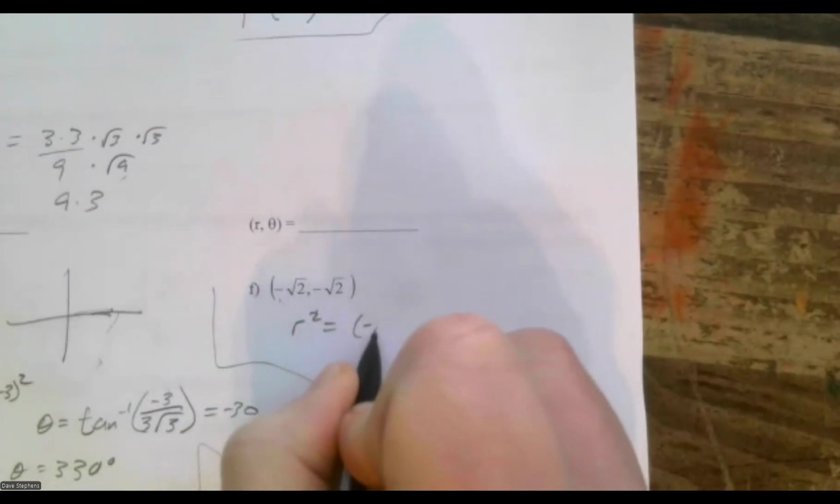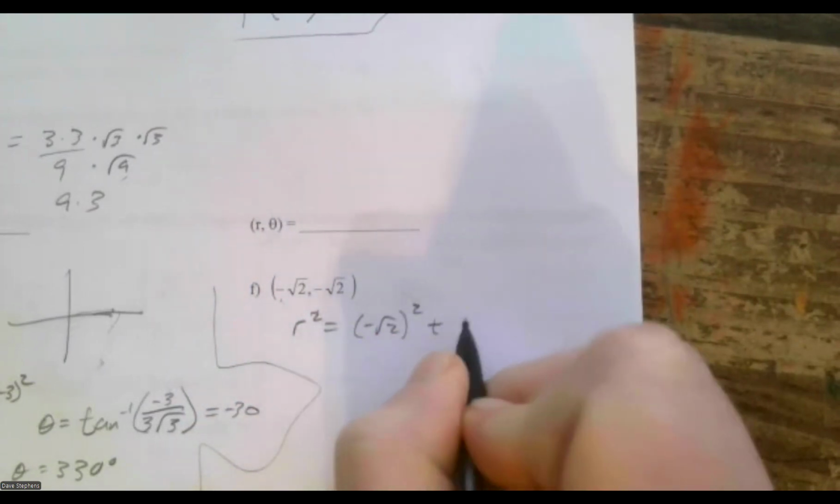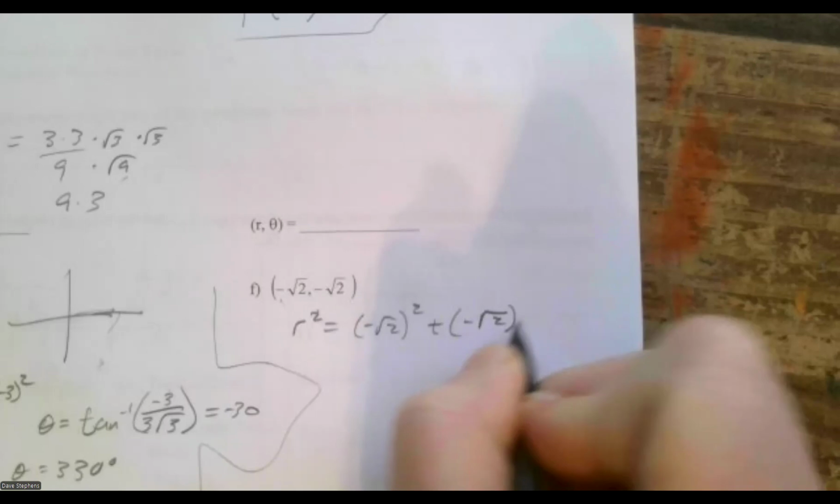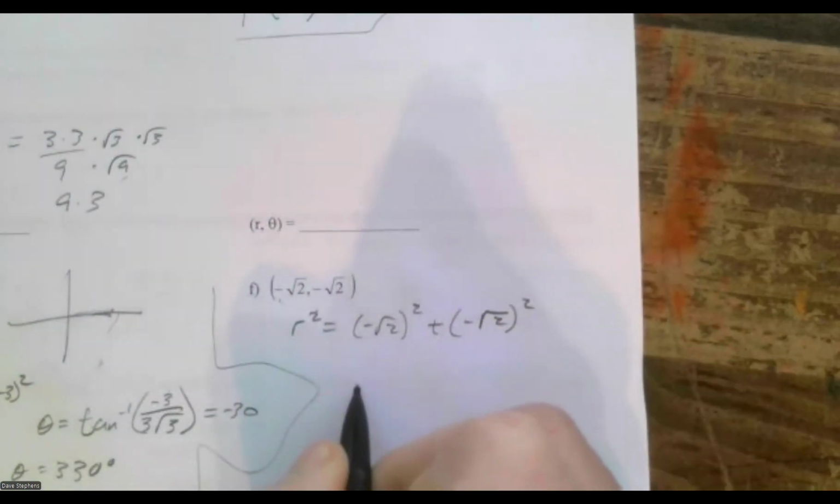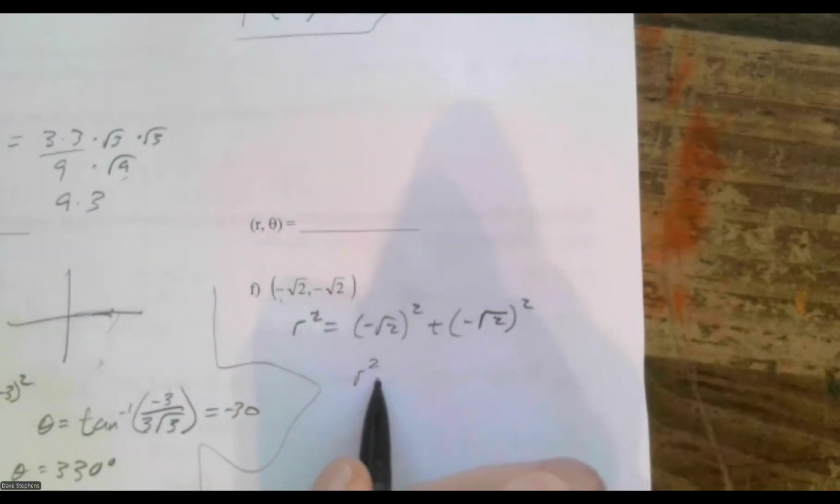-√2 comma -√2. We got r squared is equal to -√2 squared plus -√2 squared. So r squared is equal to 2 plus 2. r squared is equal to 4.